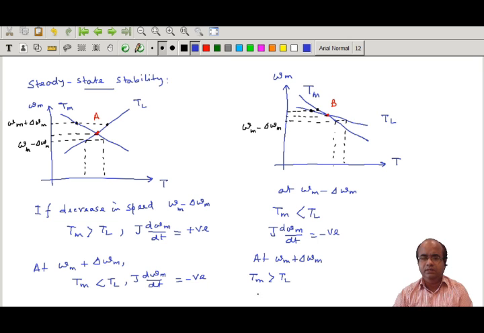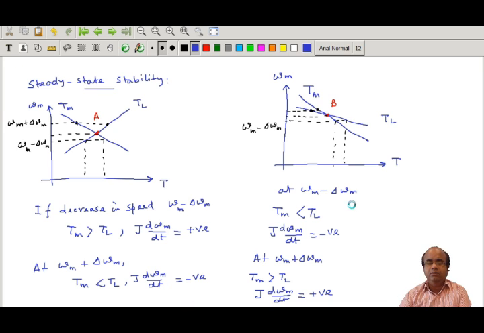Then J d omega m dt becomes positive. That is, again, motor speed is increasing and it does not return back to the previous stable operating point B.